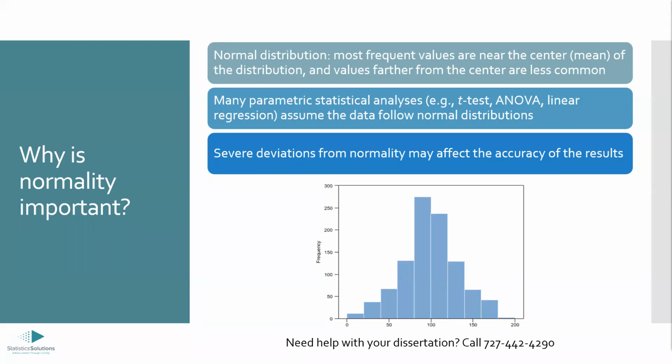Or in other words, a normal distribution is one in which the values cluster close to the center, centered around an average, and then they gradually get less and less frequent as you move away from the average or the center of the distribution. And it centers around the distribution in a symmetrical manner, like we see in the histogram at the bottom of the slide, which we'll be talking about histograms more a little bit later. We see an example of an approximately normal distribution that's centered around a score of 100.